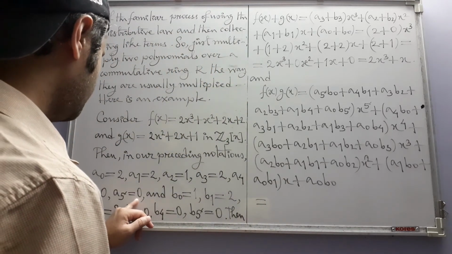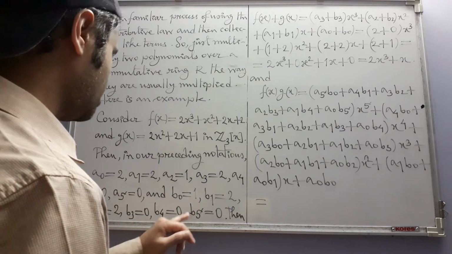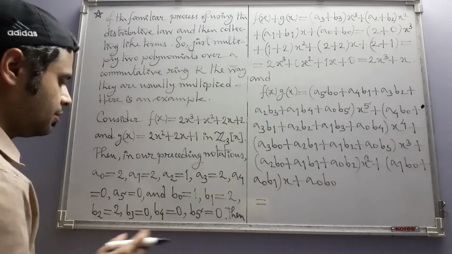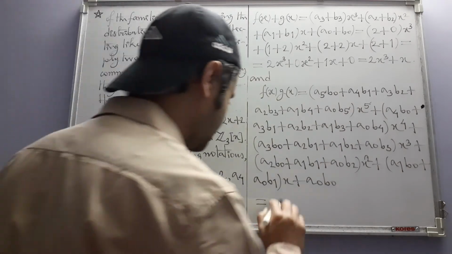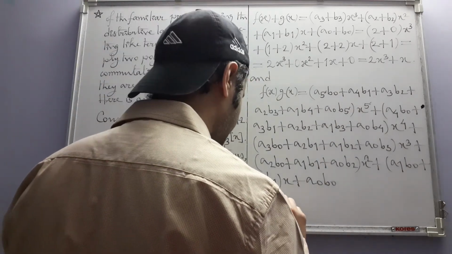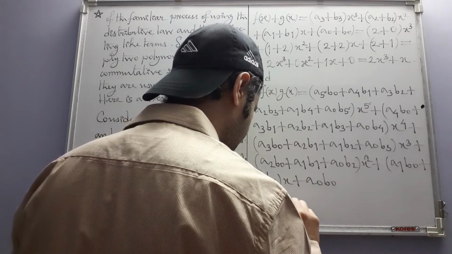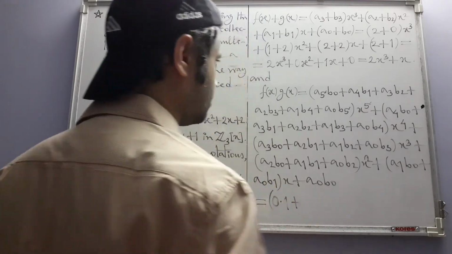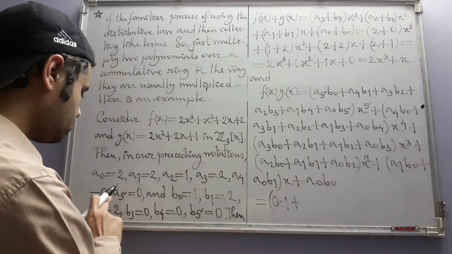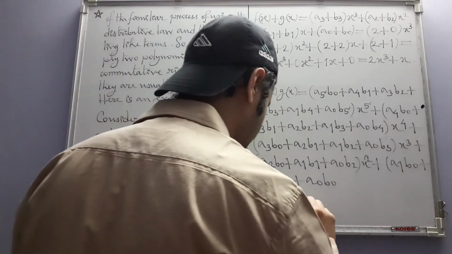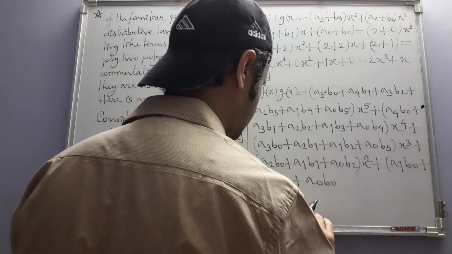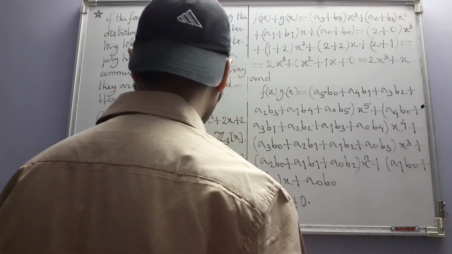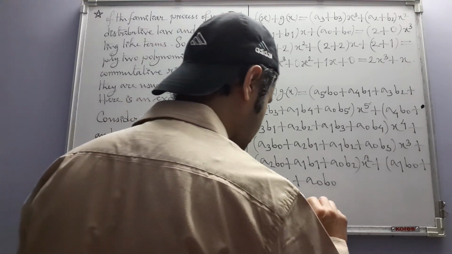A5 is 0, B5 is also 0. Oh sorry, B0. See how easily we can make mistakes. A5 is 0, B0 is 1. Then A4 is 0, B1 is 2.